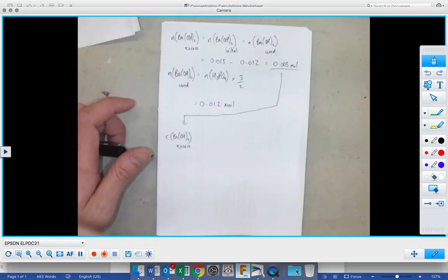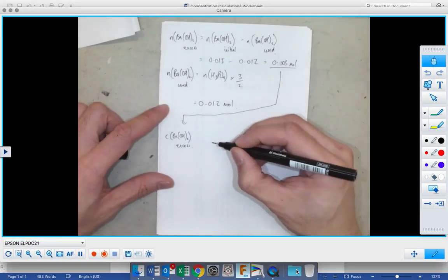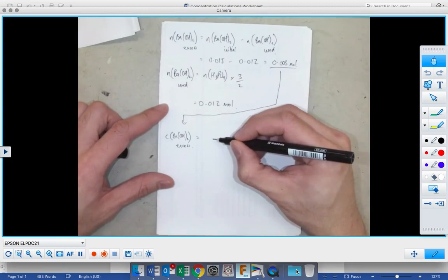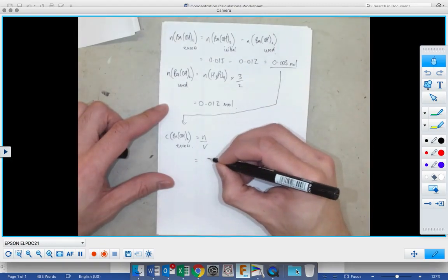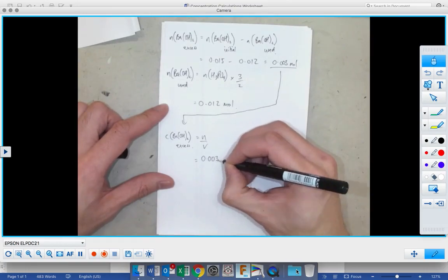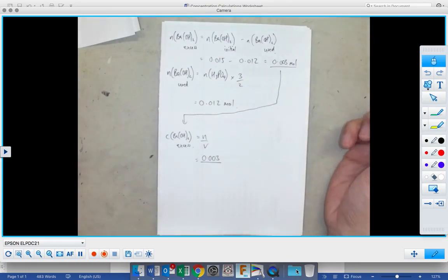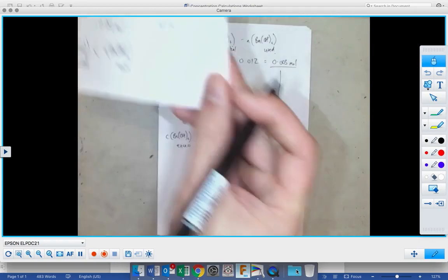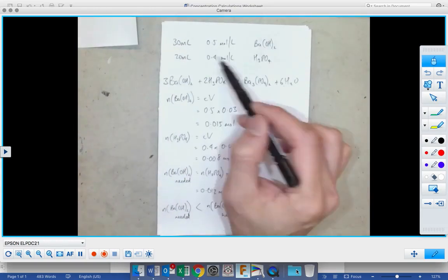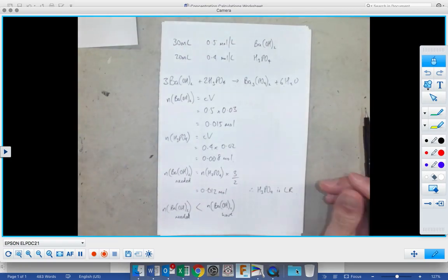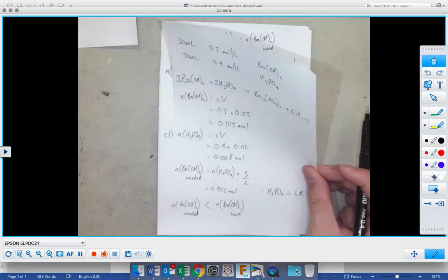Right? So, if we are working out the excess, I need to write out my equation, n on V. So this is my number of moles, but what is my volume? Let's have a think. Back in this question here, we added 30 mL of this to 20 mL of this. So the final volume of the solution is not going to be 30 mL or 20 mL.